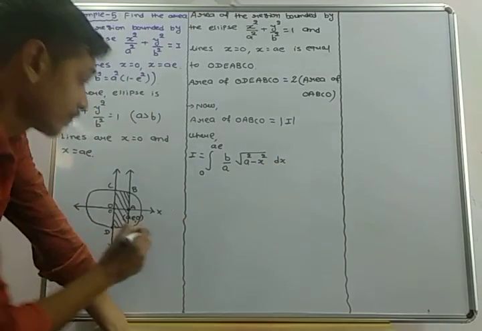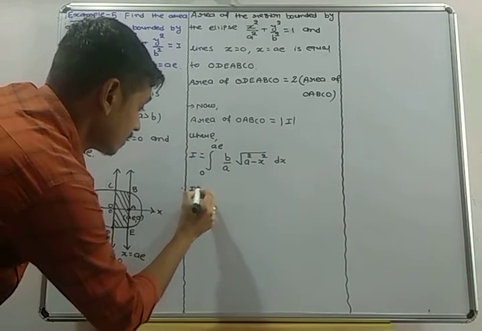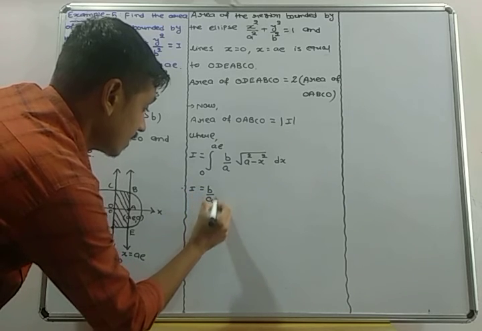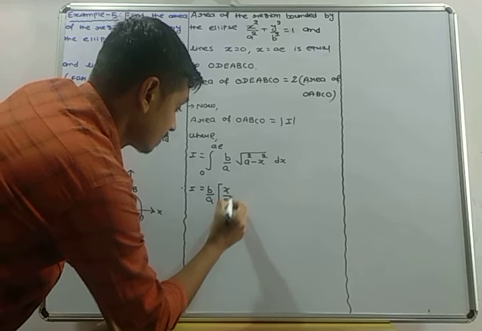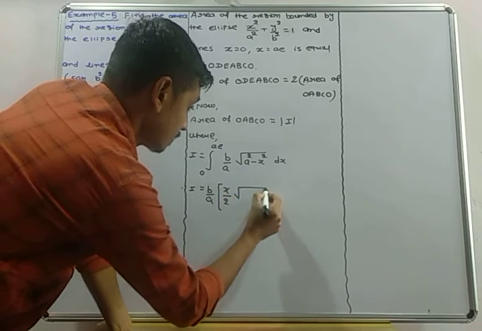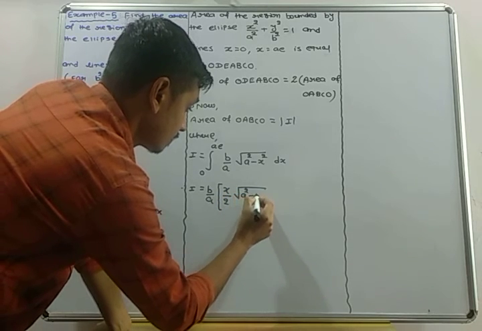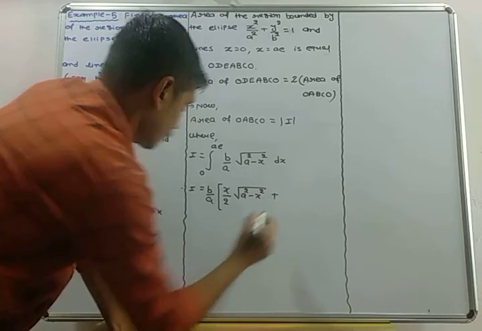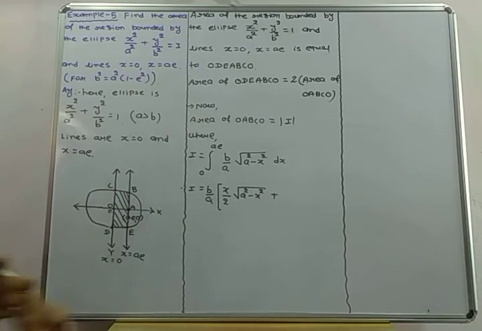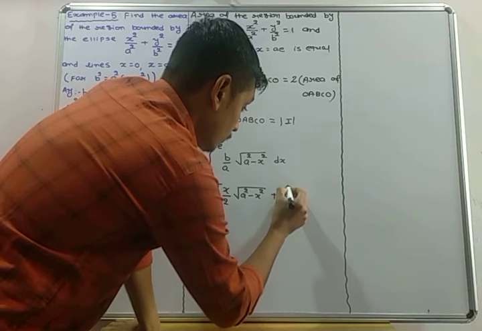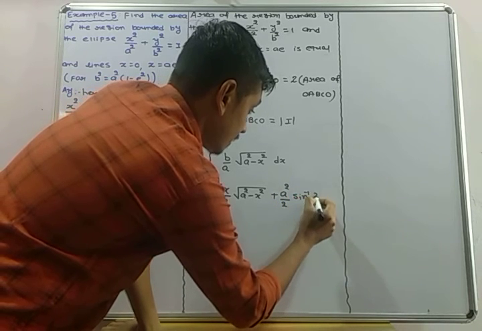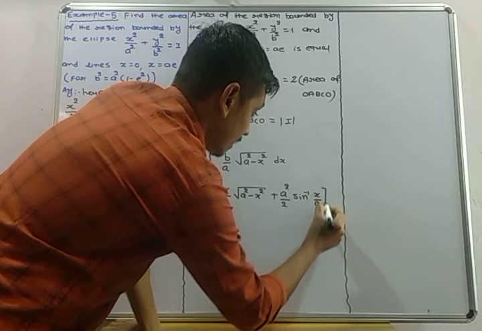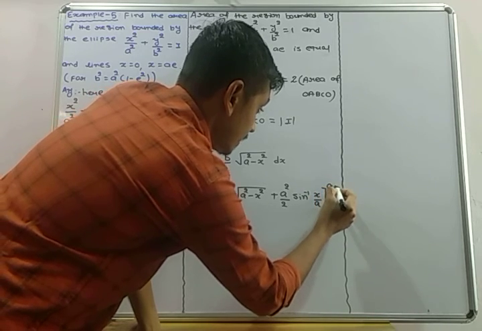Are you ready? Now finding the value of I, b by a outside, and this integration is x by 2 as it is, plus a square by 2 sine inverse x by a, and limit 0 to AE.